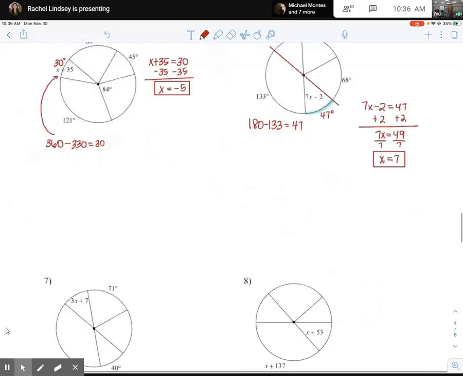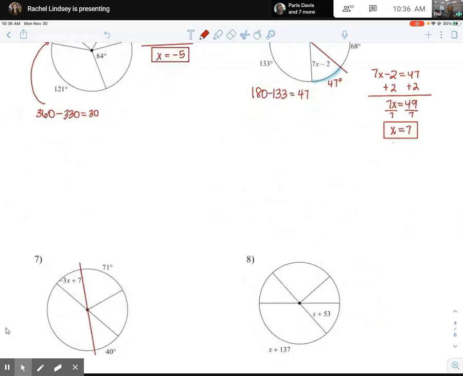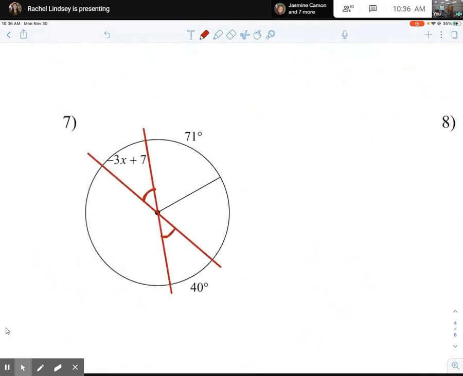Okay, on number 7, notice we have 2 diameters. We have a diameter right here and a diameter right here. What do we know about these 2 angles? They are vertical, right? If 2 angles are vertical, that means they are the same. So this arc is 40.